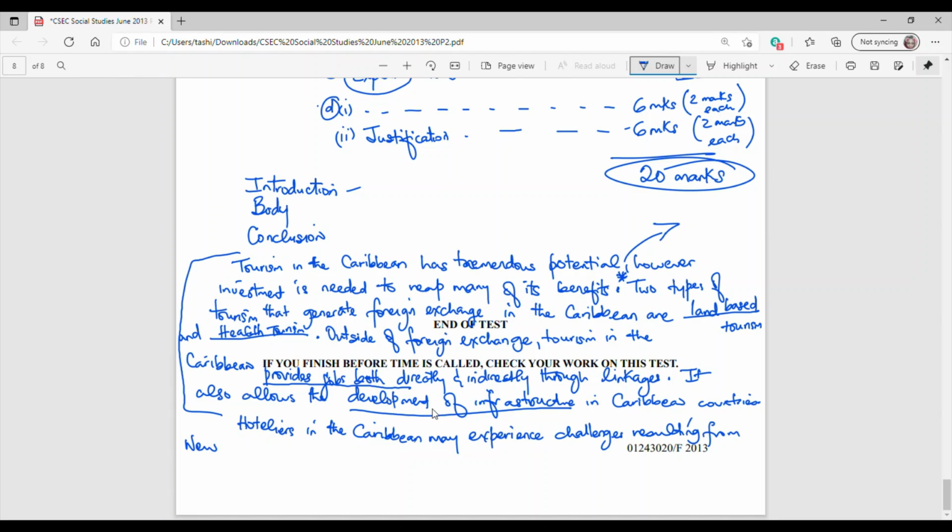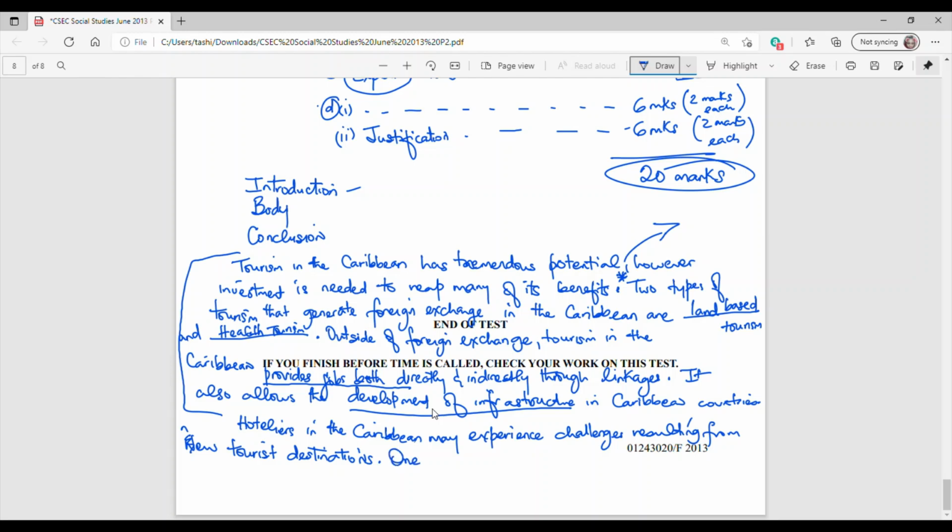New, not capital letter there, new tourist destinations. And then they ask us to explain 2. So we are just going to go right into it. So that sentence there is just one of those sentences that I'm talking about that really just assists your essay. It just helps your essay to flow, and it lets you go right into your other answer that they're asking you for. So hoteliers in the Caribbean may experience challenges resulting from new tourist destinations.